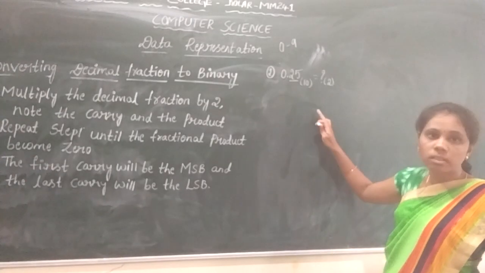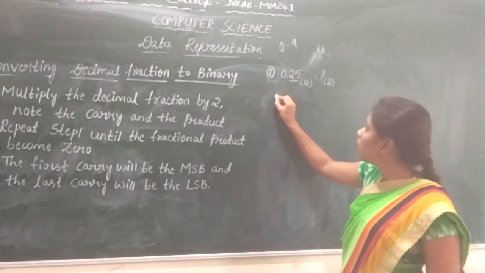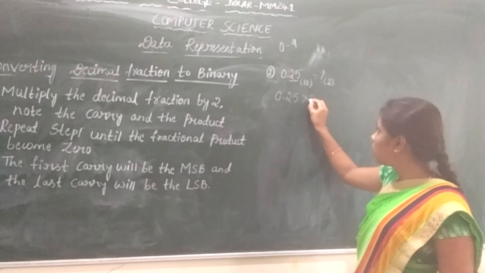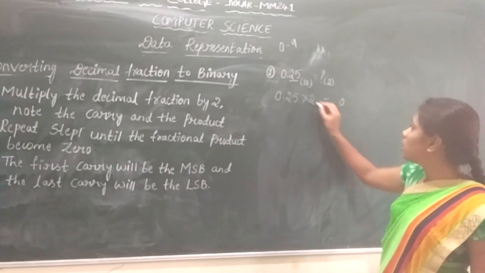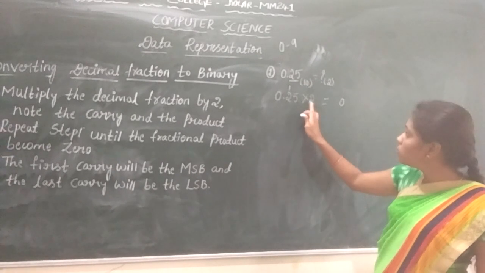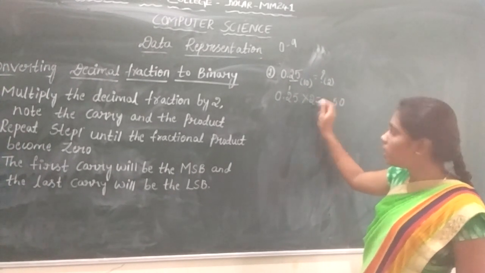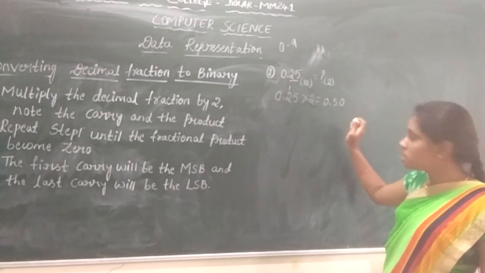I repeat the same problem with the first step. Now I'll multiply 0.25 by 2. You'll get 2 5s are 10, so you get carry as 1. 2 2s are 4, 4 plus 1 is 5. Now we are not getting any carry, so it will be 0.50.